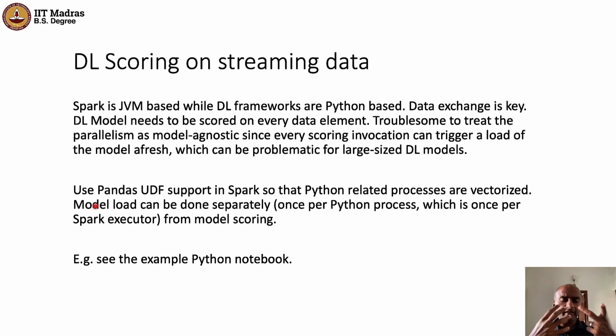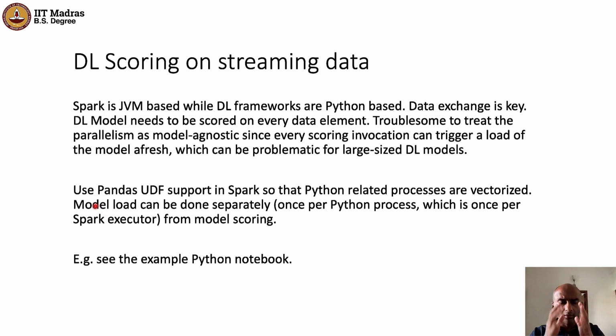In effect, I've taken this model scoring operation and split it into two parts: model load, which can be done once per Python process, and model scoring, which happens once per data element, which is every data element in real time.